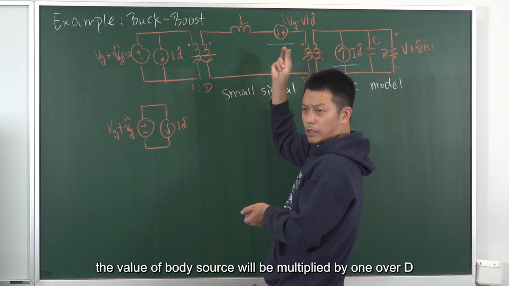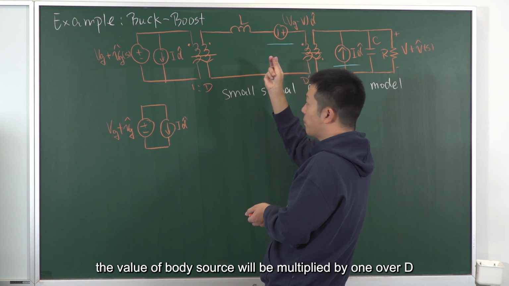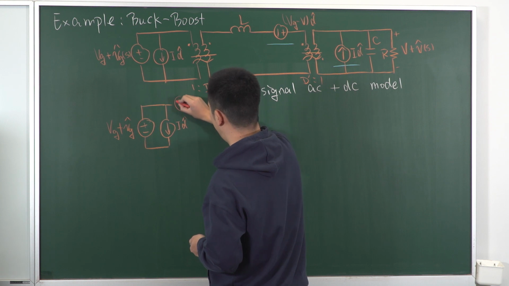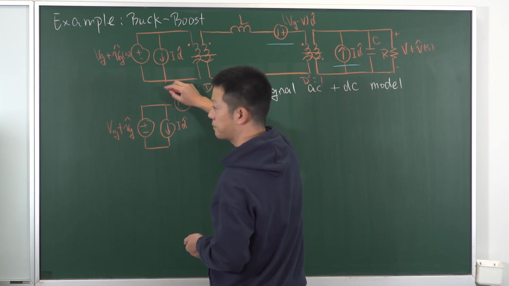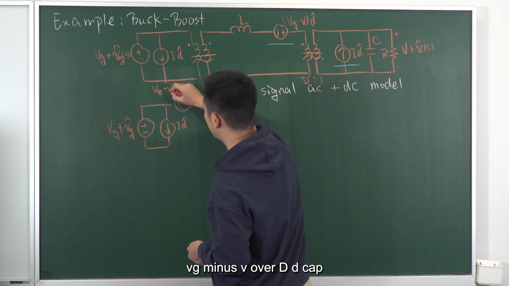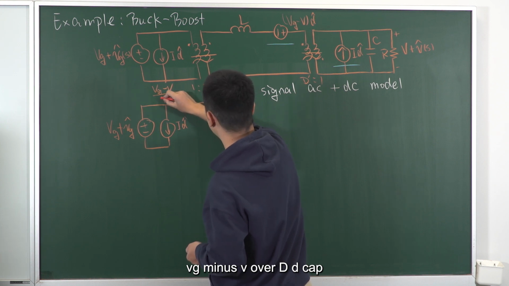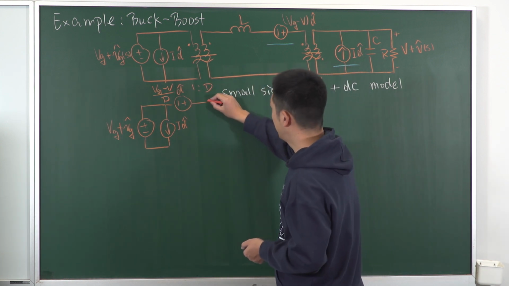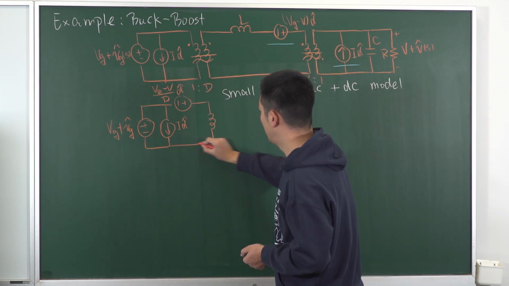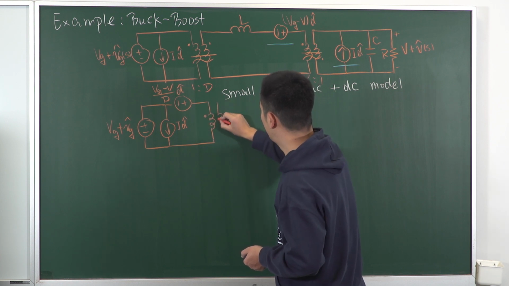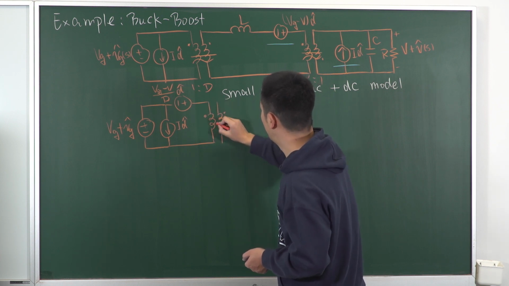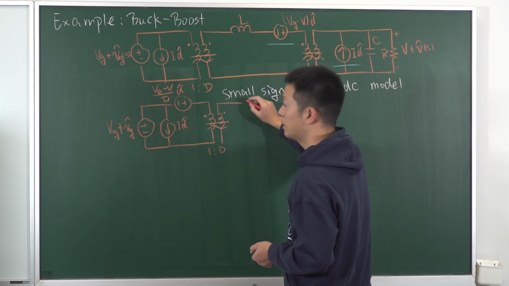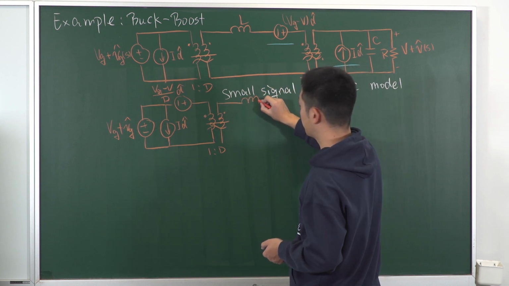The value of the voltage source will be multiplied by 1 over D. So here is (Vg minus V) over D times d cap. The L is unchanged here.